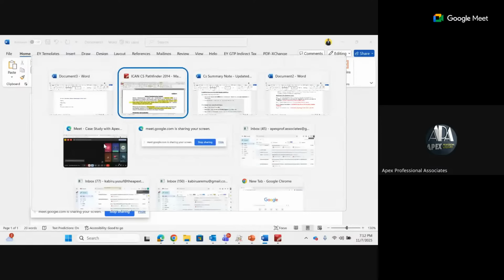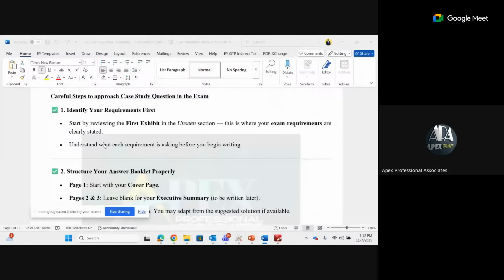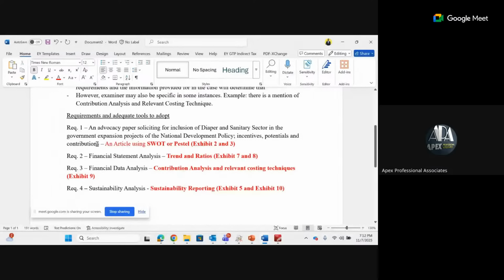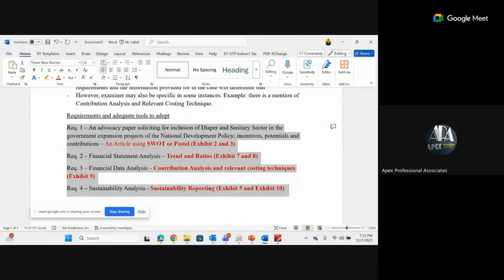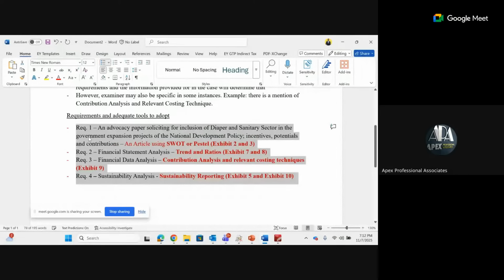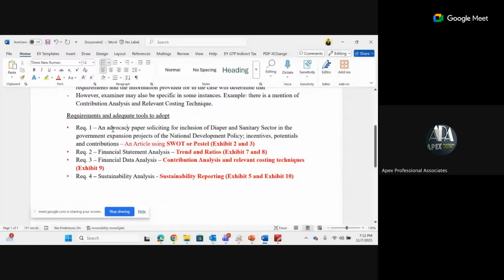So now let's go back to the requirements that we have listed out. Requirement 1 is talking about an advocacy paper to solicit for inclusion of DAPA and the sanitary sector in the government expansion projects. Requirement 2 is talking about the analysis of financial statements.